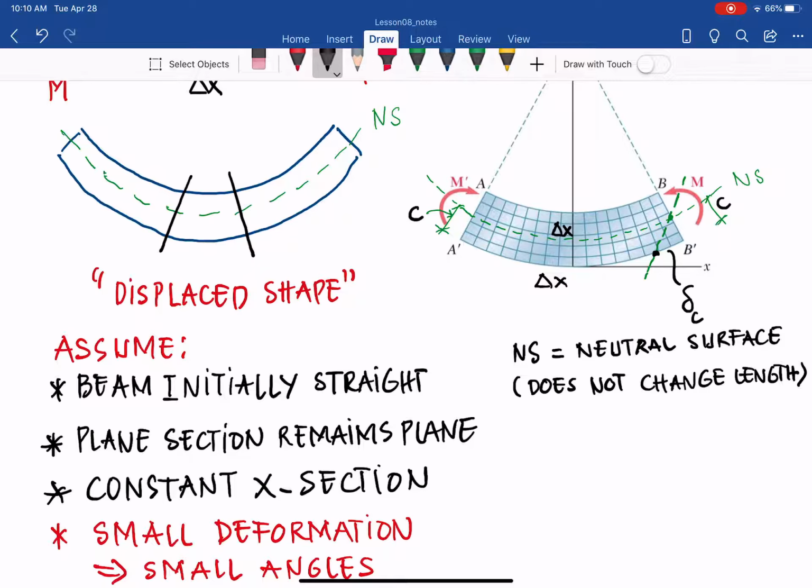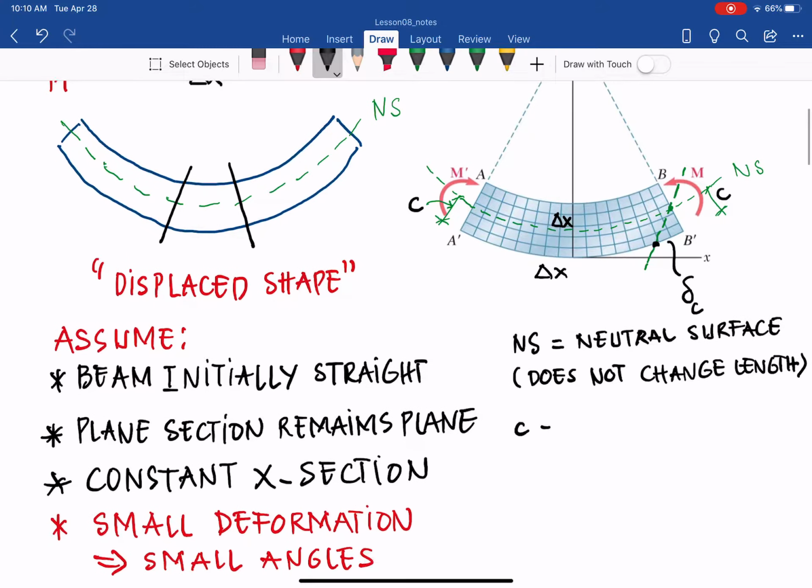And then C, as I mentioned earlier, is the distance to the outermost fiber.